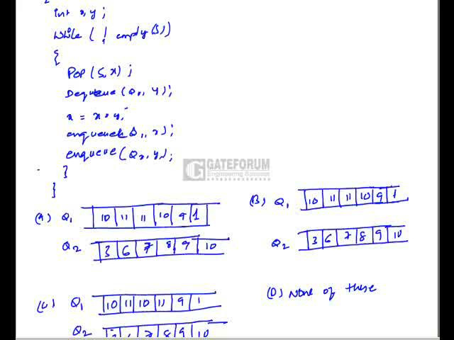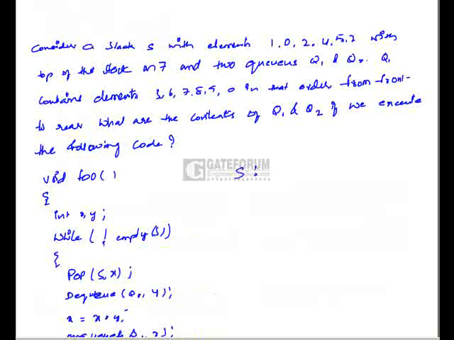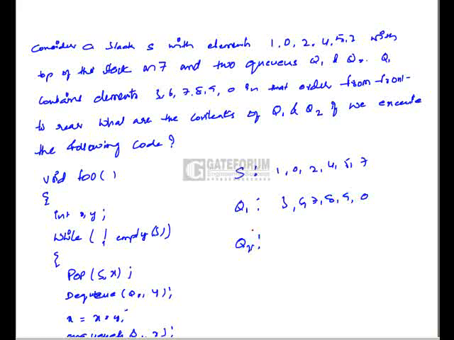So here first the stack contains 1, 0, 2, 4, 5 and 7, and Q1 contains elements 3, 6, 7, 8, 9 and 0, and initially Q2 is empty.